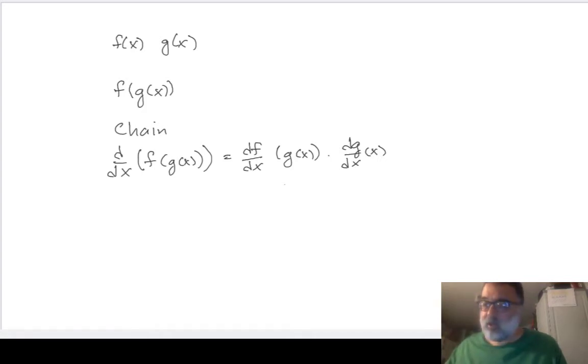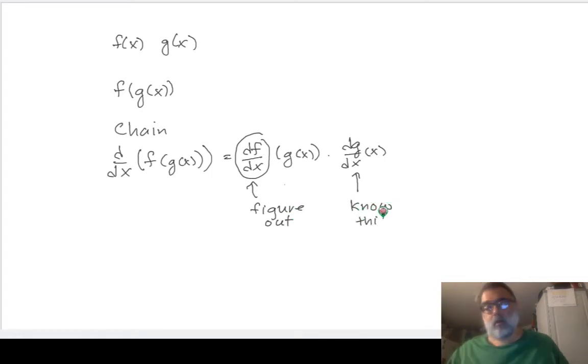This means that we could figure out something about this function if we know the derivative of the inside. Right? So this is an application of the chain rule.